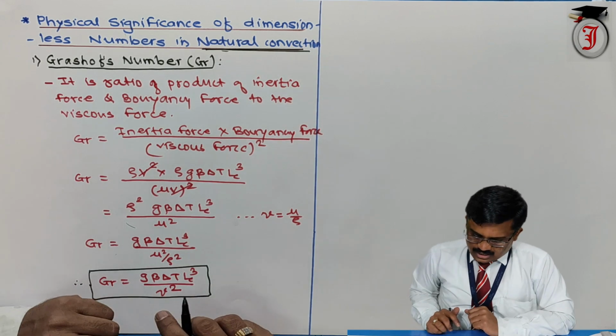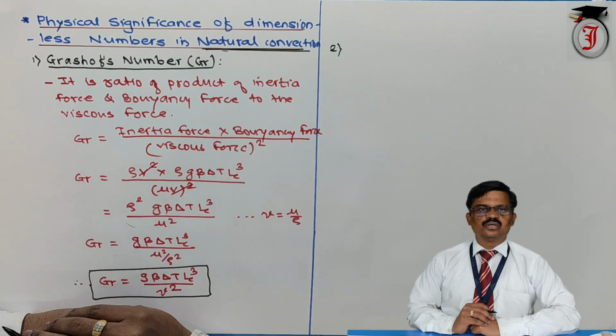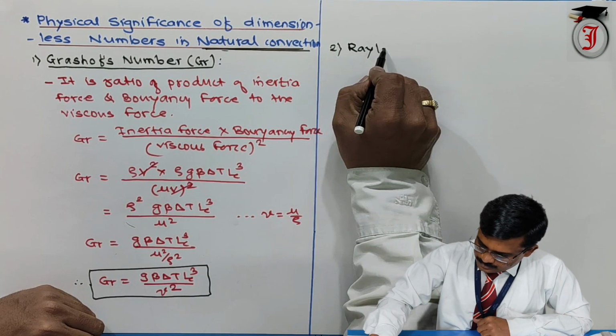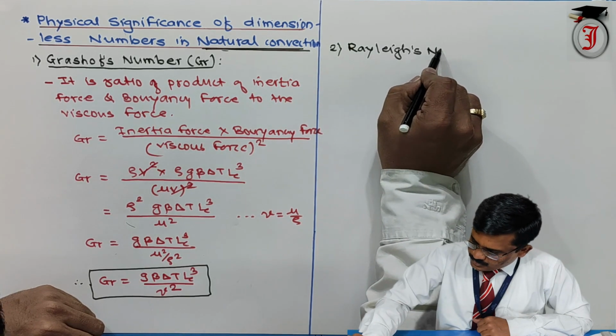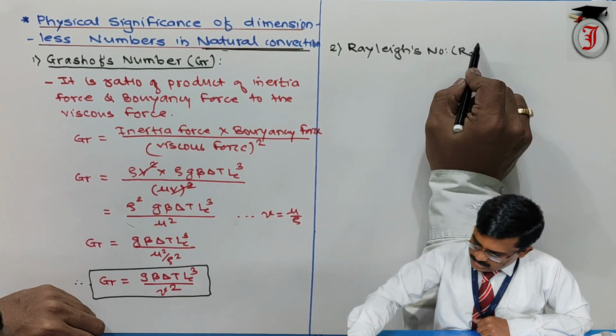Now let us discuss another dimensionless number, which is Rayleigh's number. It is denoted by RA.